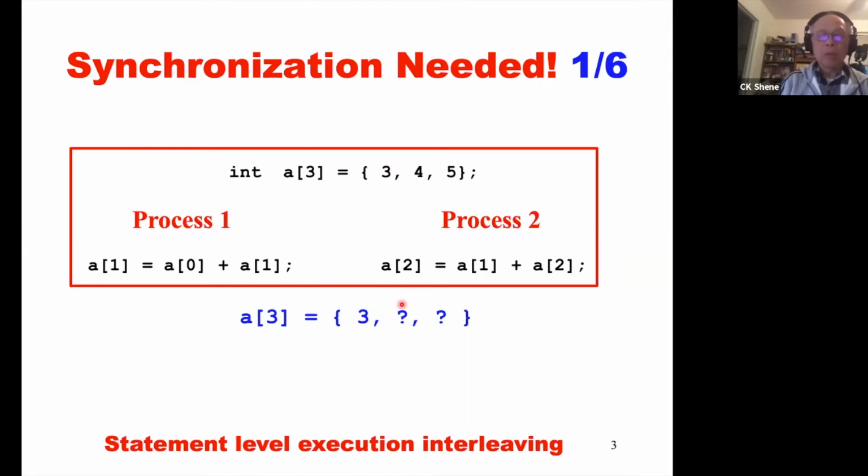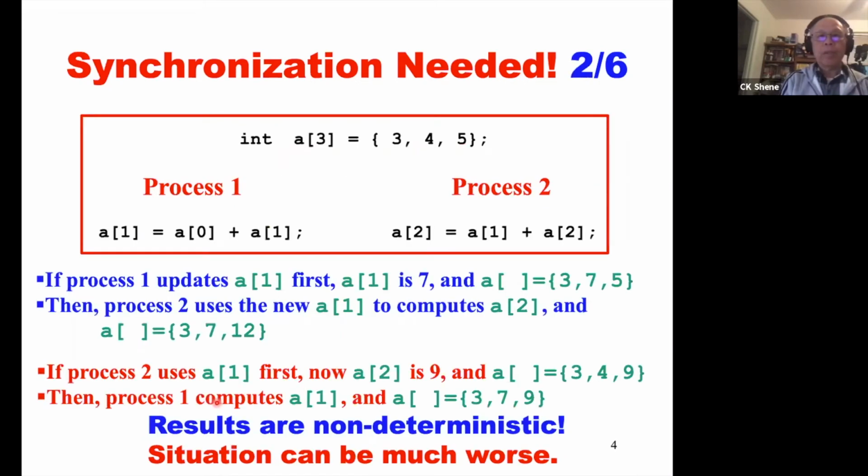So they may run in parallel or in an interleaving way. In this example, I will use statement-level execution. It means after executing one statement, the next statement will execute.